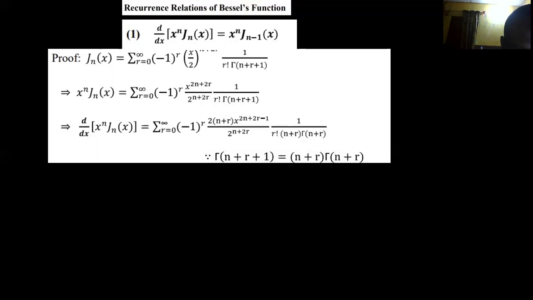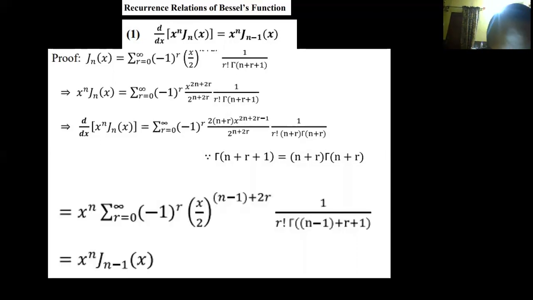Now, if I differentiate x raised to power n times the Bessel function of n, then I will end up having this. Then I know that the gamma function of n plus r plus 1 is n plus r times the gamma function of n plus r. If I substitute into it, from this numerator I can bring out 2, and I can bring out x raised to power n, because I have x raised to power 2n.